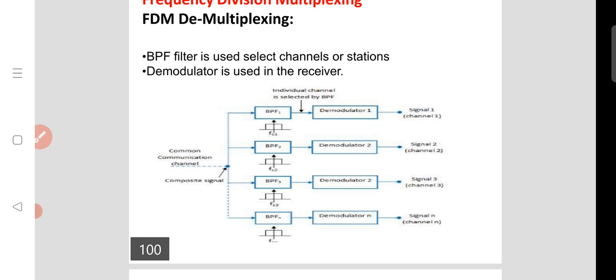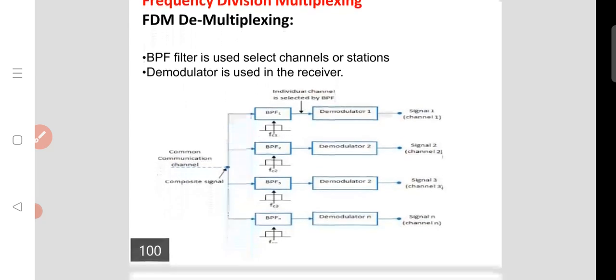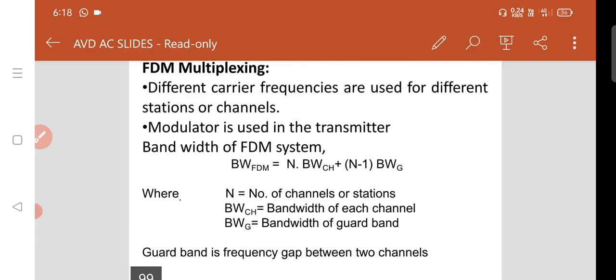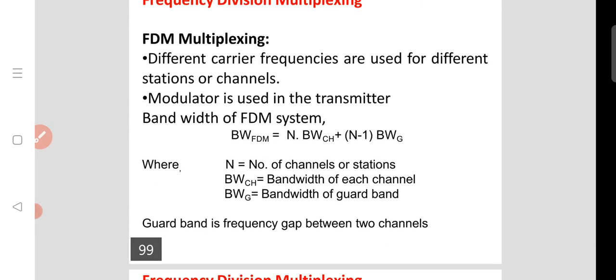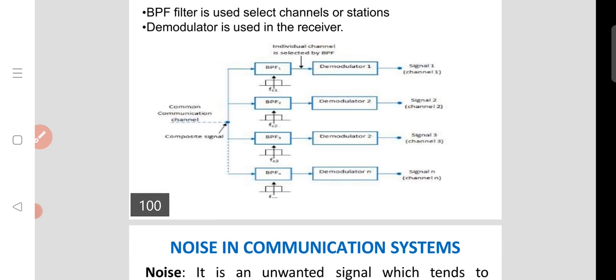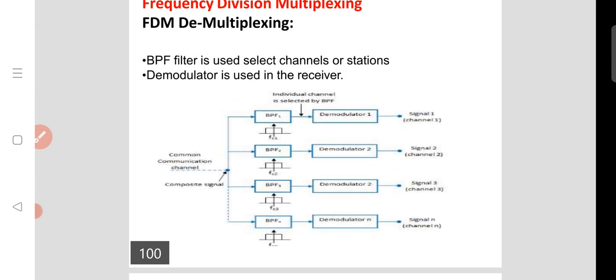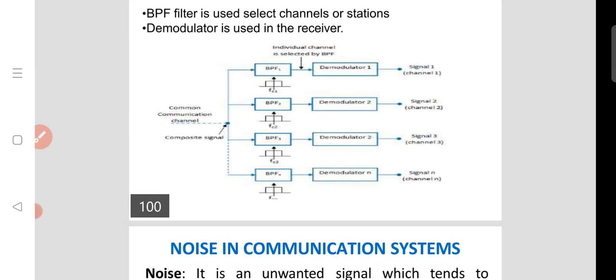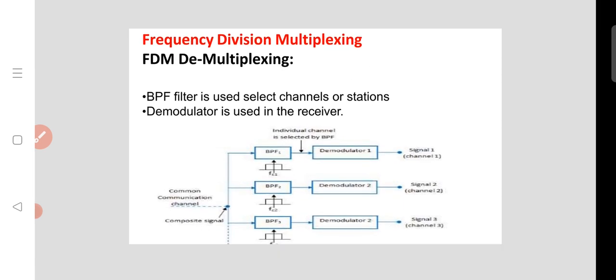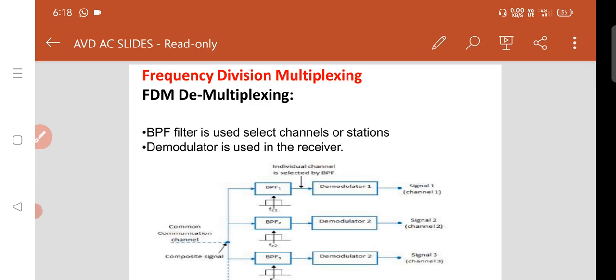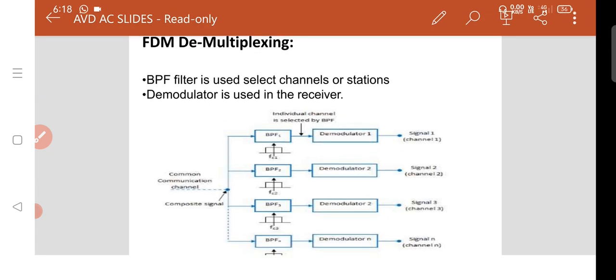We already discussed this. This is another representation, BPF followed by demodulator. The output is there. These two are simple block diagrams, which we showed just a few seconds ago. That is the standard block diagram. So in this way we understand what is multiplexing and what is demultiplexing.